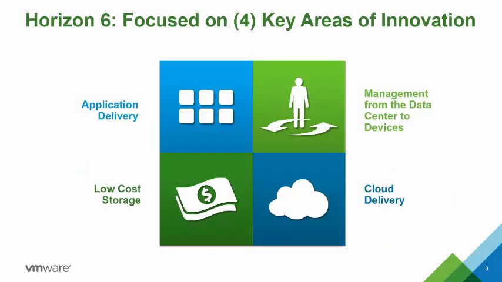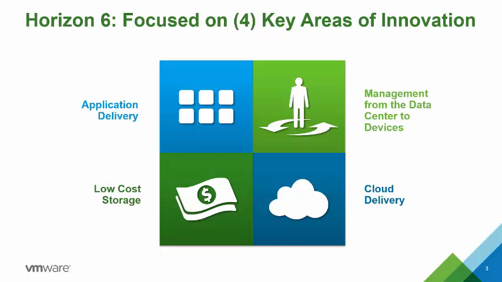Horizon 6 focuses on the 4 key areas of innovation. The first area of innovation is centered around application delivery. IT can deliver different types of applications to users, or, for example, in our Unified Workspace portal, an end user can consume SaaS-based applications, RDSH or Horizon hosted apps, ThinApps, or even Citrix XenApps. Different methods of delivery of these applications give IT a lot of flexibility.